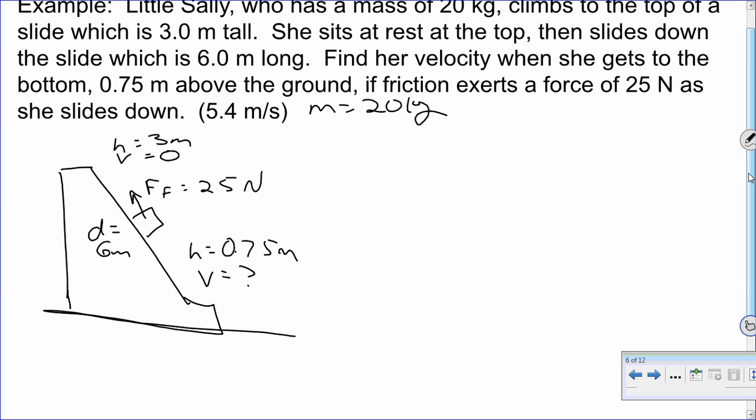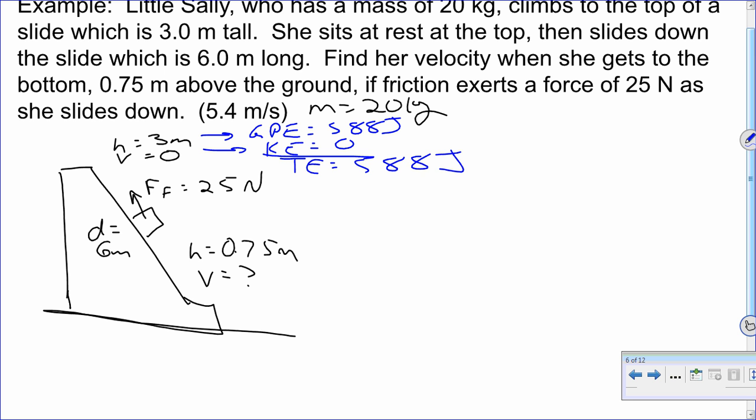Up here at the top, since the height is 3, if you calculate the GPE, you end up getting 588 joules. Since the velocity is 0, the kinetic energy at the top is 0. So my total energy at the top is 588 joules.